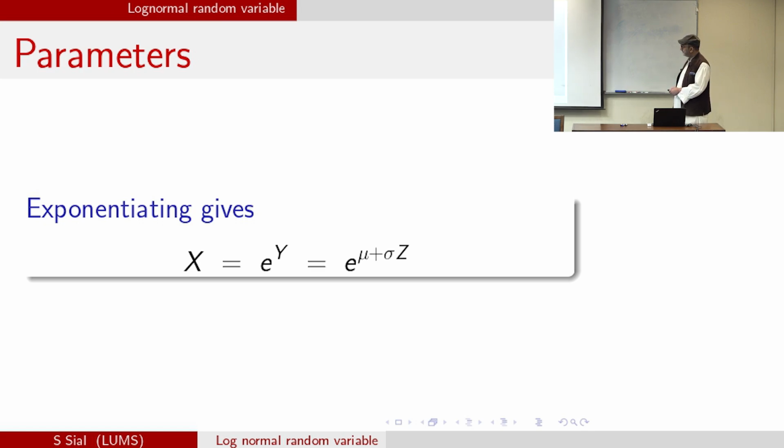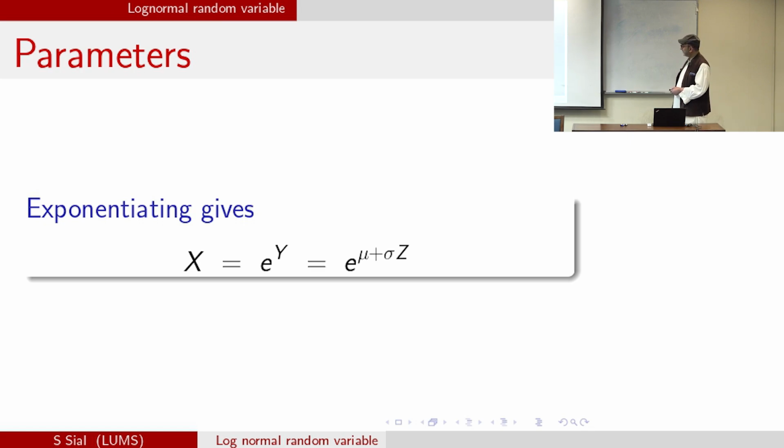Okay, all right, a bit of terminology. In some applications, we call mu the drift, and sigma is called the volatility. Okay, so let's go back here. What happens if I make mu equal to 0 and sigma equal to 1?